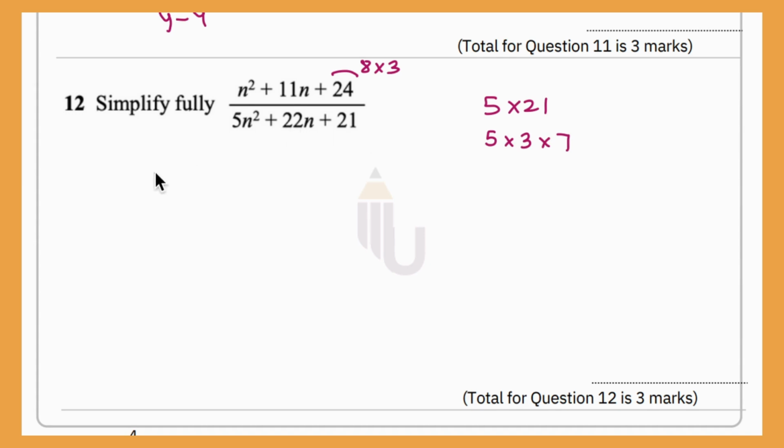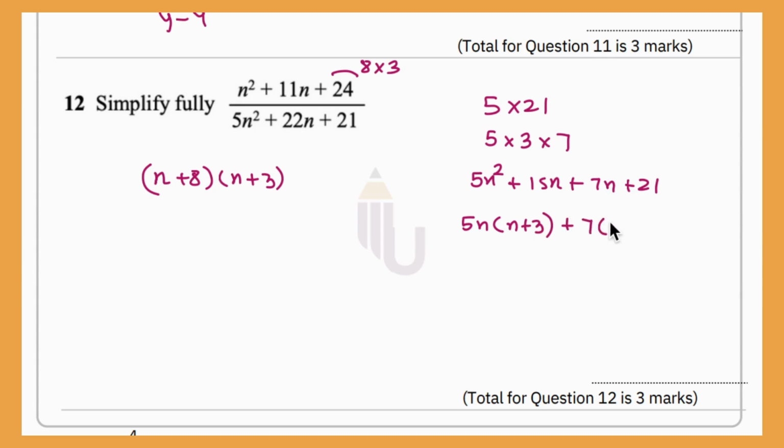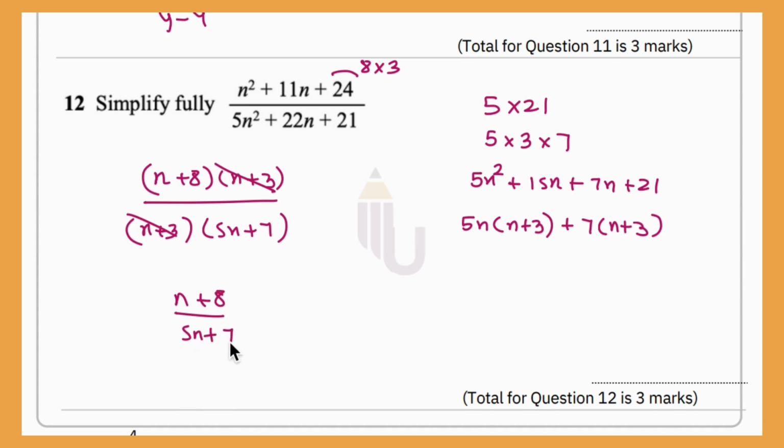Okay, so I can write it down as n plus 8, n plus 3, while in the denominator, first I will just process it here. So 5n square plus 15n plus 7n plus 21, 5n, n plus 3 plus 7, n plus 3, and we have n plus 3, 5n plus 7. N plus 3 will get cancelled, we have n plus 8 over 5n plus 7. That will be the final answer.